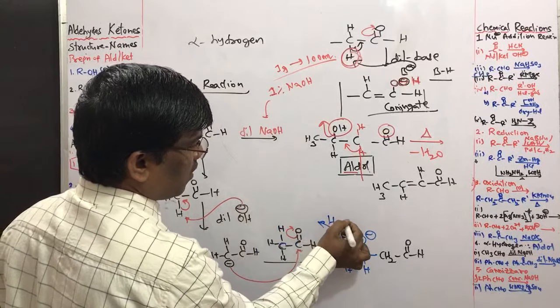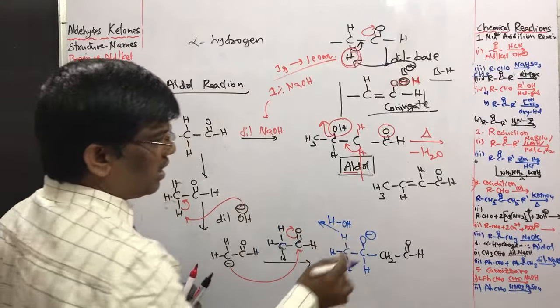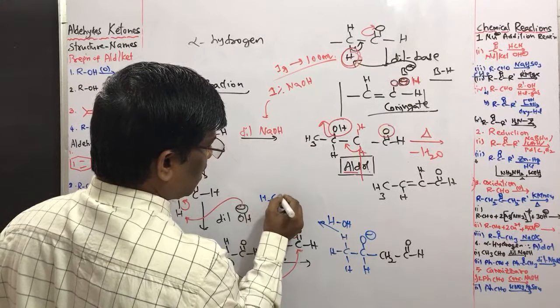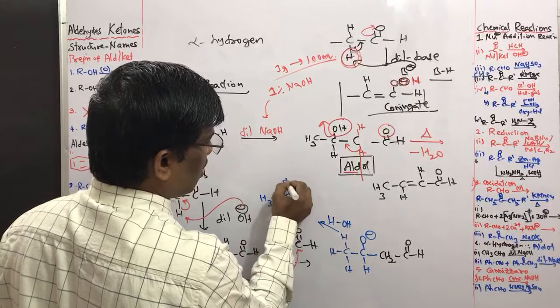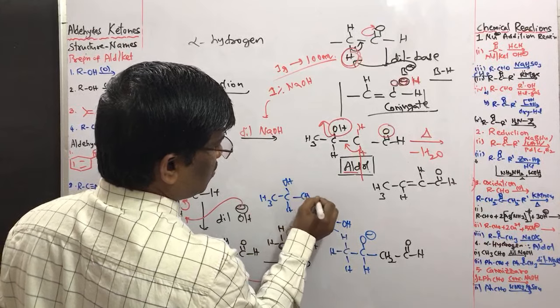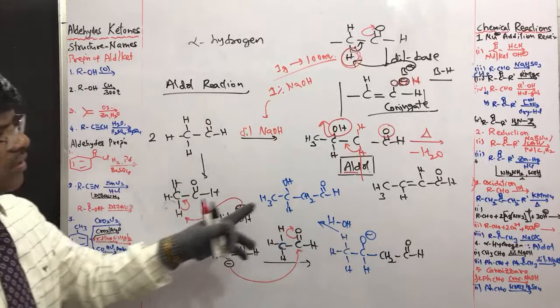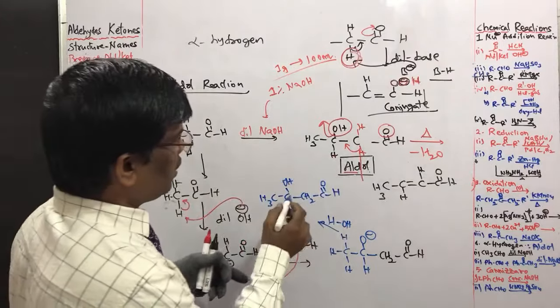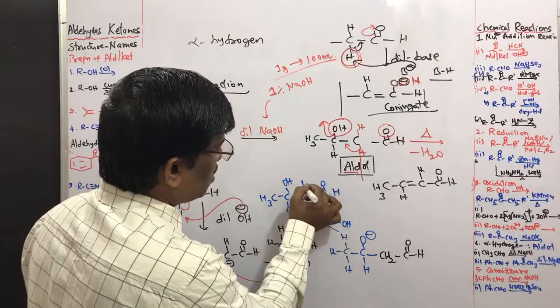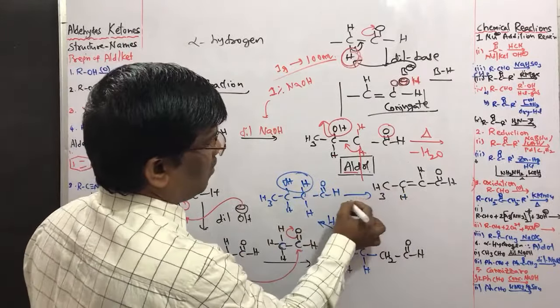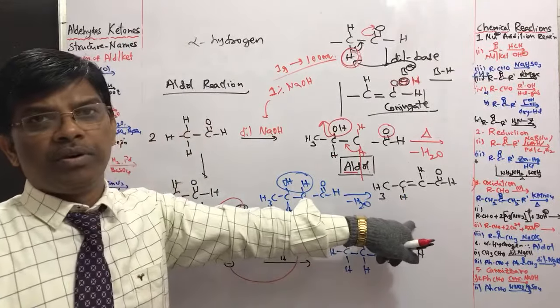It takes a proton from the reaction mixture to form CH3CH(OH)CH2 aldehyde. So this, when I heat, it is going to lose, I can write here minus water, to give this double bond compound.